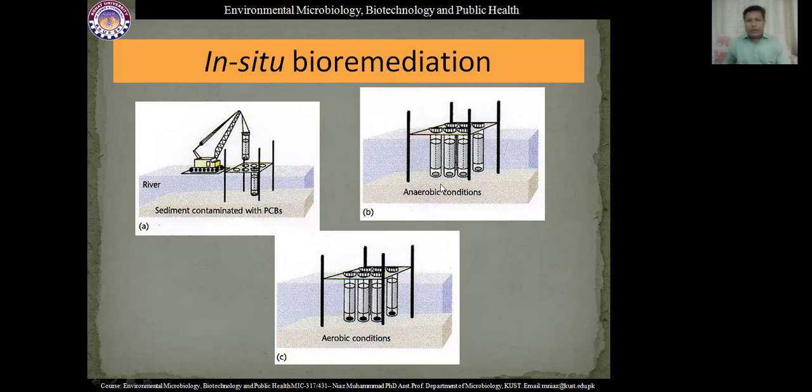If anaerobic conditions are needed, we have to bring anaerobic microorganisms to the contaminated site, seal it, and create an anaerobic environment to facilitate their growth. With the passage of time, the aerobic or anaerobic microbial population, facilitated by the provided conditions, will decompose the pollutant at that site, and gradually its concentration will become less and less.